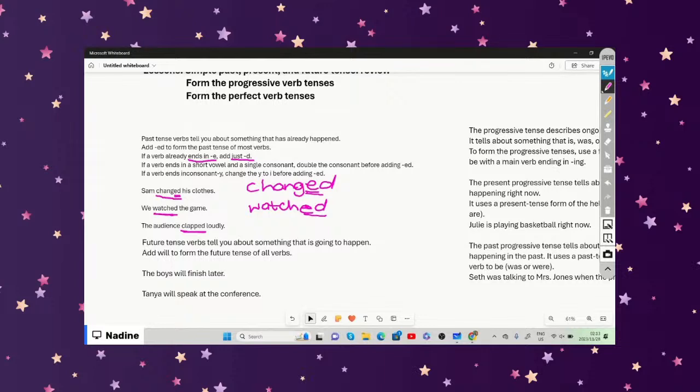So we basically add will to form the future tense of all of our verbs. If something is going to happen, we need to add the word will to show that something must still happen, because we are basically speaking in the future.